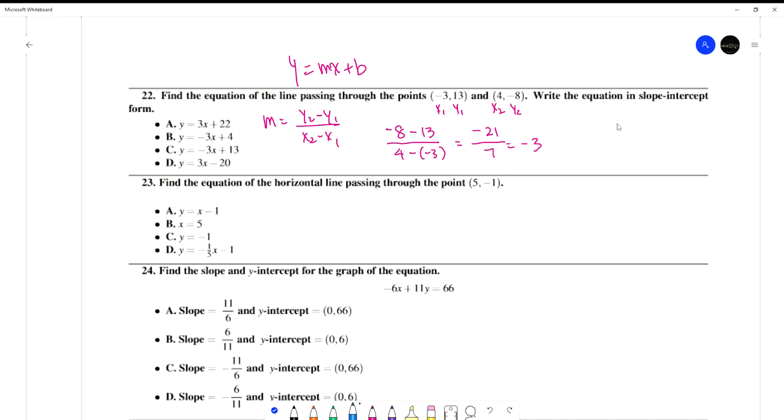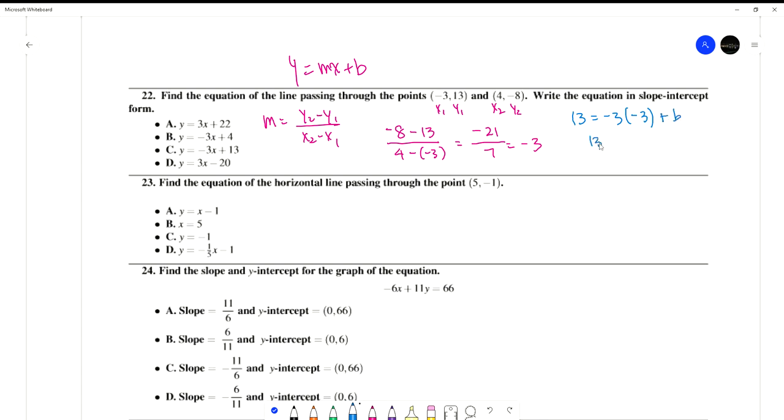This is our m. Now, we plug in one of the ordered pairs and the slope to solve for our y-intercept b. So I'll use the first ordered pair. So y, 13, is equal to m, which is negative 3, times x, which is negative 3 as well, plus b.